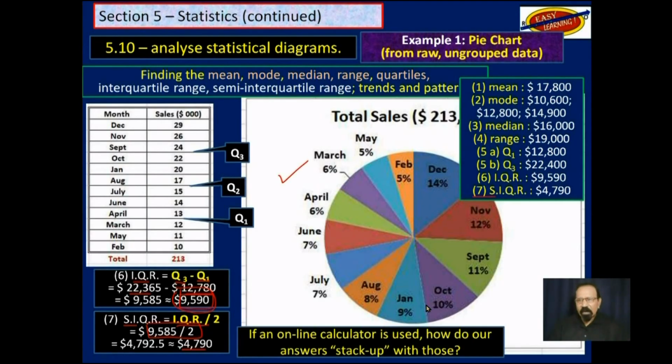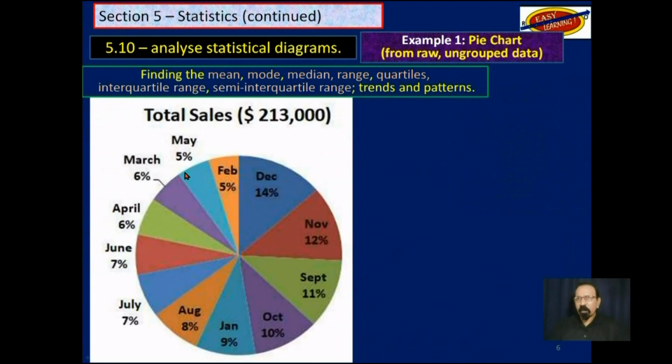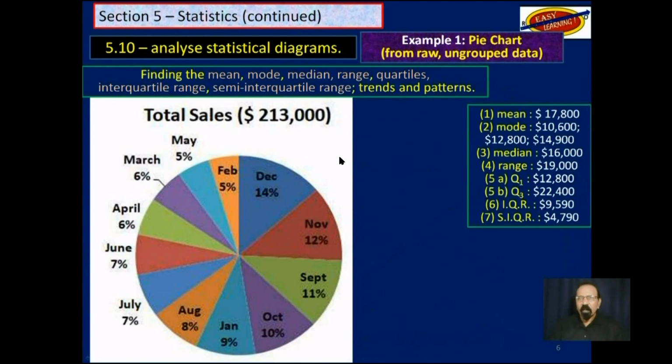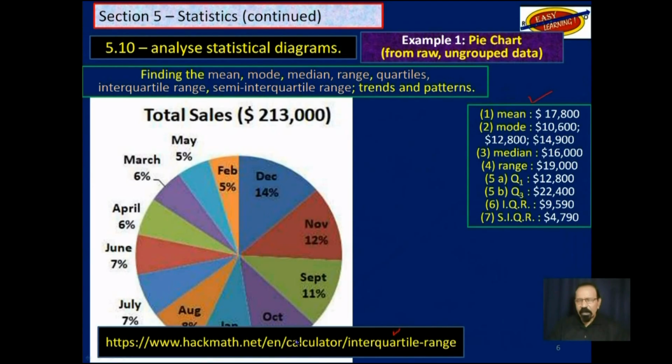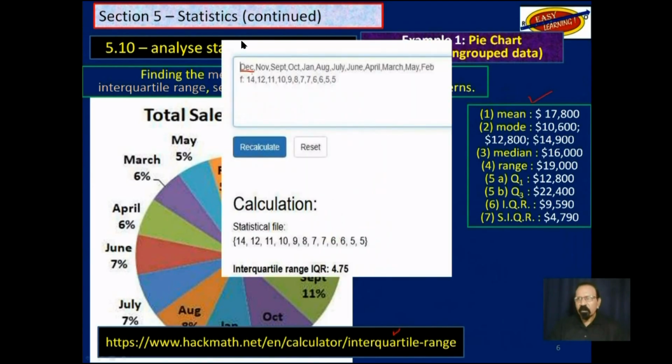If an online calculator is used, how do our answers stack up with those from the online calculator? So let's double check this on the online calculator. So this is the pie chart we are using. This is the information we got. That's the online calculator. For December, 14%, that's percent, November, 12%, and so on.